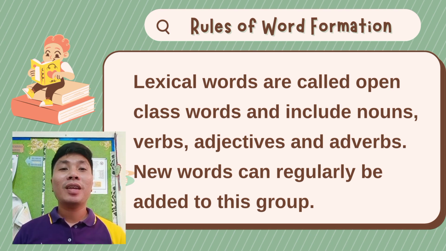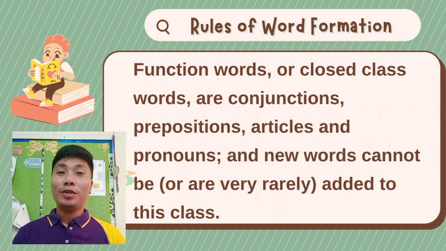New words can regularly be added to this group. And we have function words or grammatical words. They're also called closed class words, and they include conjunctions, prepositions, articles, and pronouns. New words cannot be, or are very rarely, added to this class.